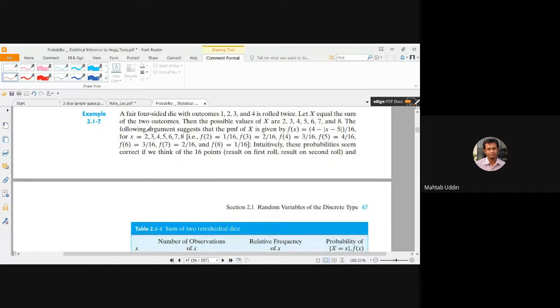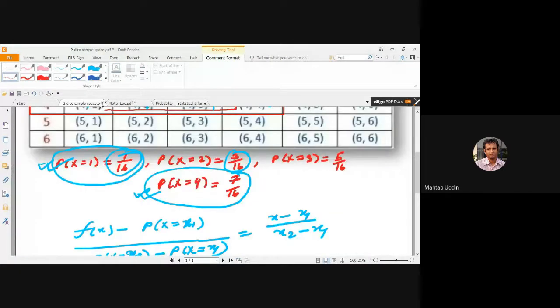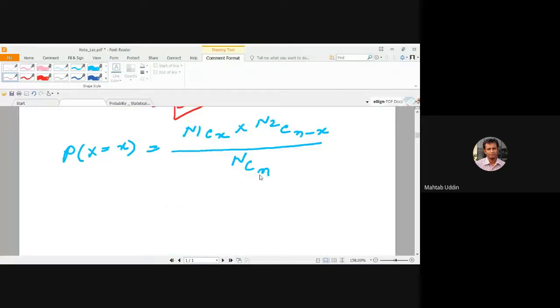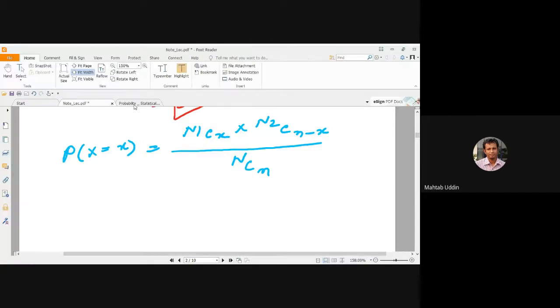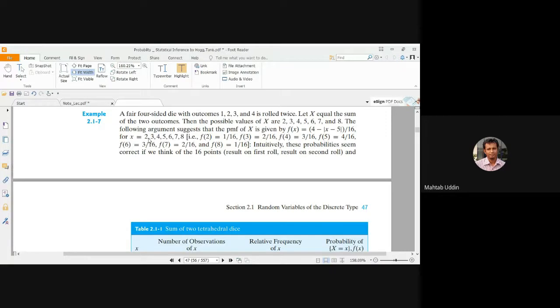The dice problem once again. Then I have to restart this. What does it say in the dice problem? A four-sided die with outcomes 1, 2, 3, 4 is rolled twice.